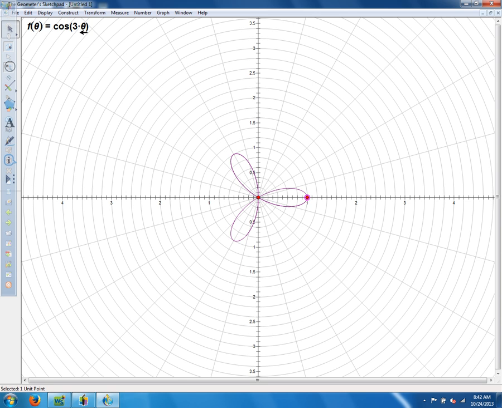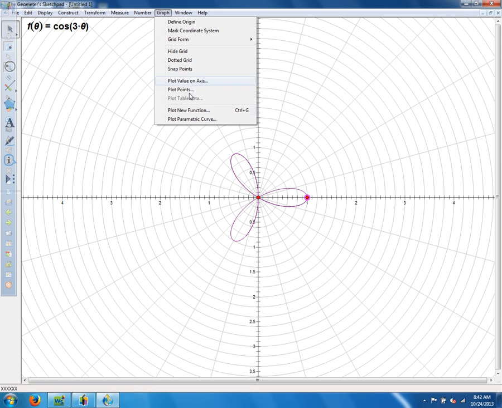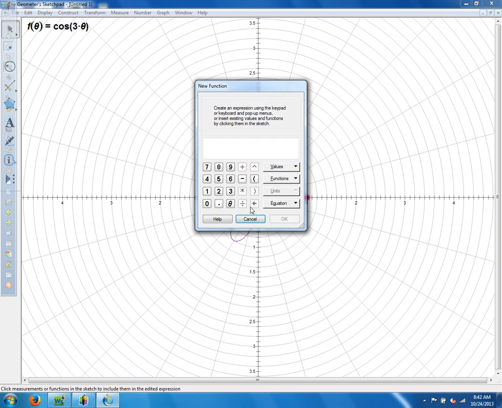So here's our rose. I'm going to plot the new function together. So I want to do r equals 1 divided by cosine 3 theta.